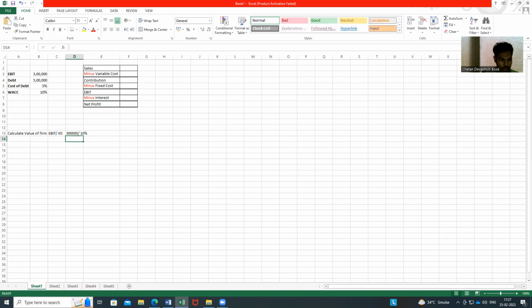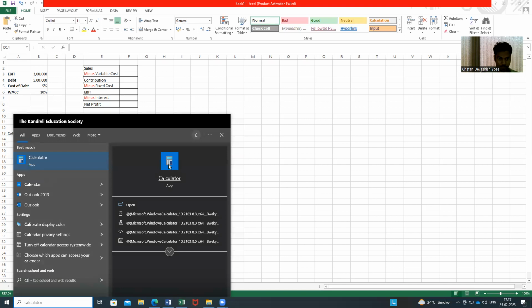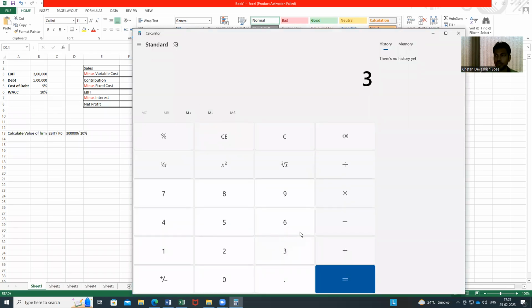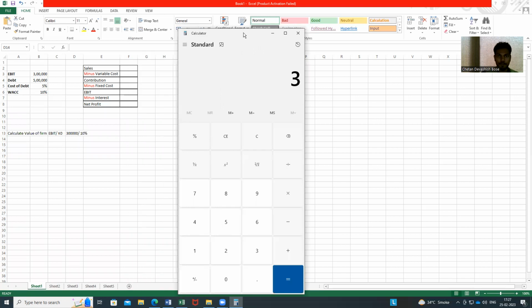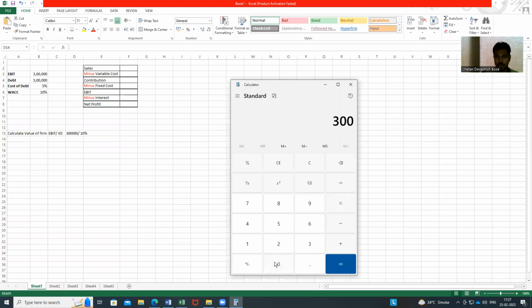If we use the calculator, 3 lakh divided by 10 percent, I will get 30,000 rupees.